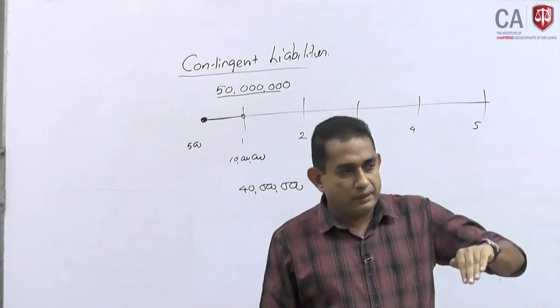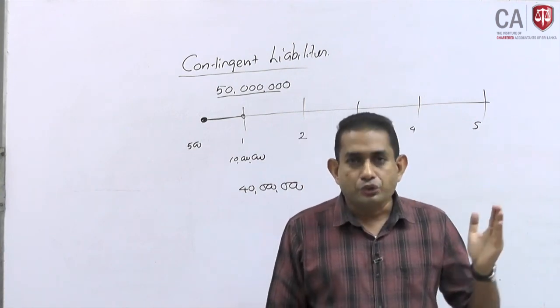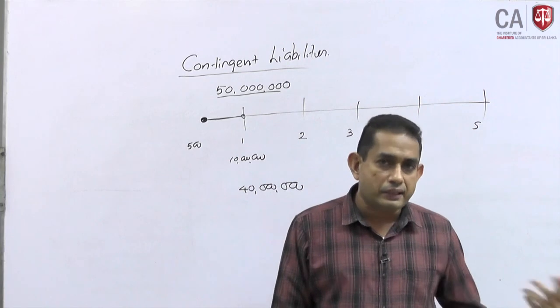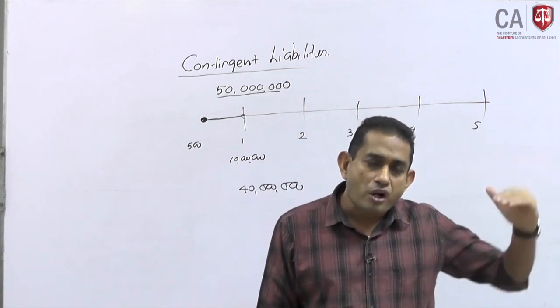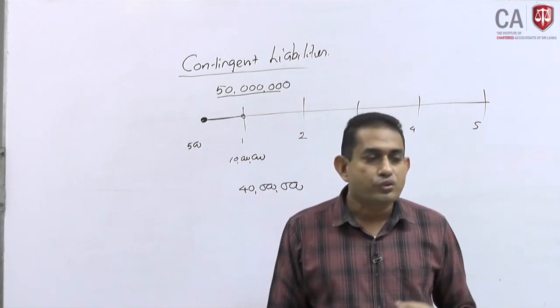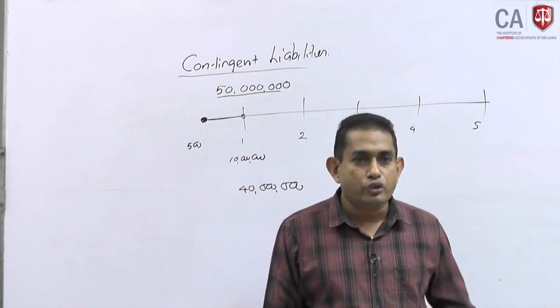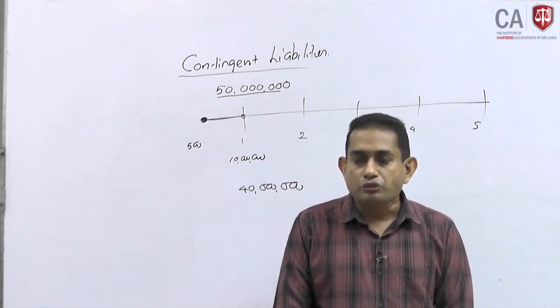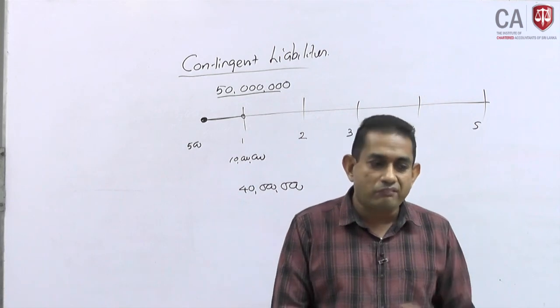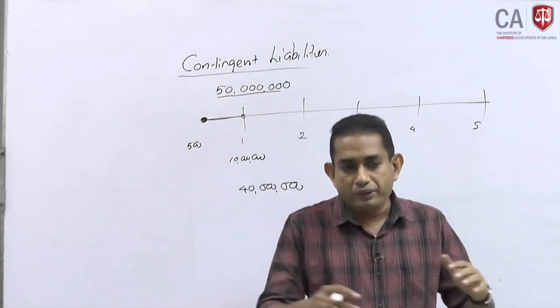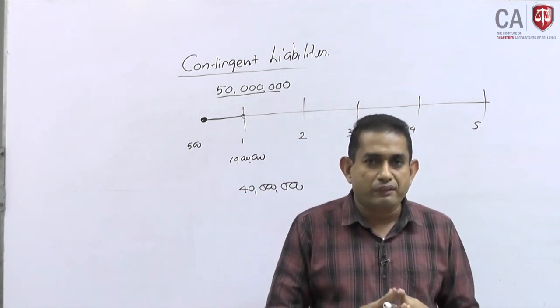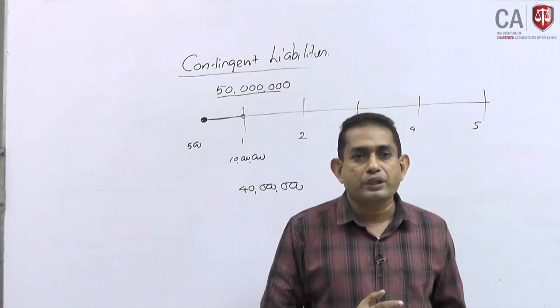If you can maintain above 500, you can recognize it as an income to profit and loss. If it falls below 500, you cannot bring it to profit and loss, you need to pay it back to the government. So, whether you should pay it back depends on whether we will be able to maintain 500 employees in the company or not.